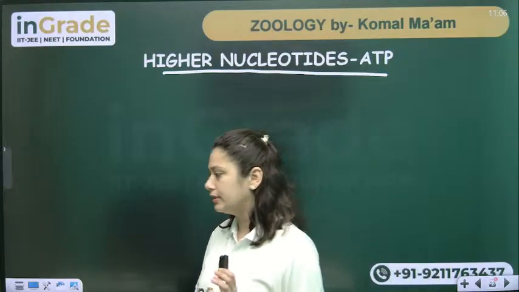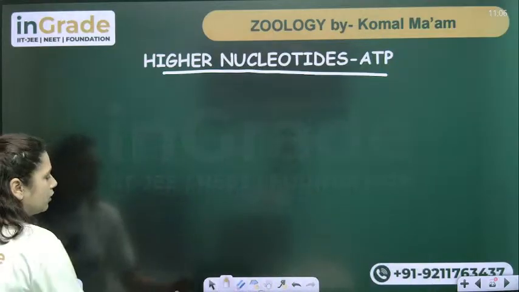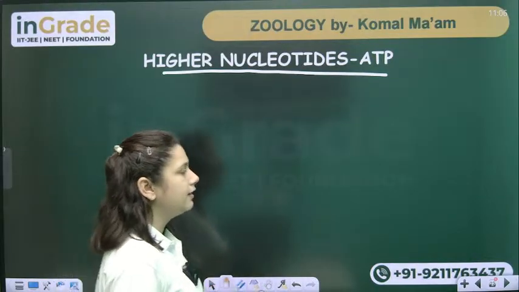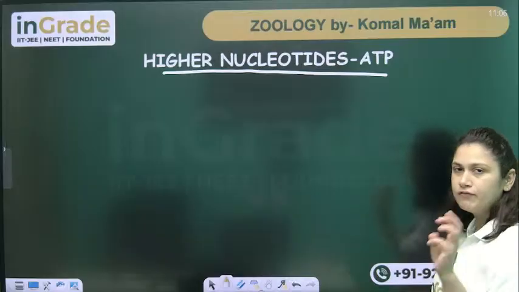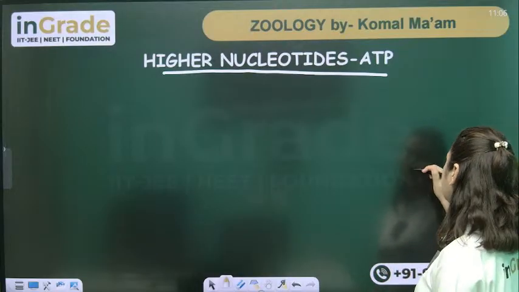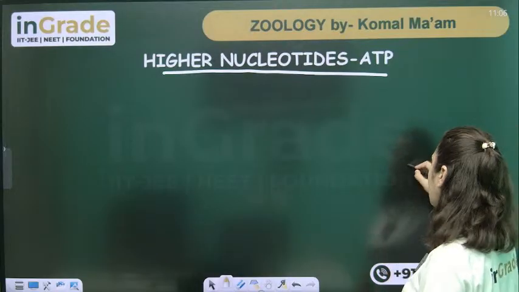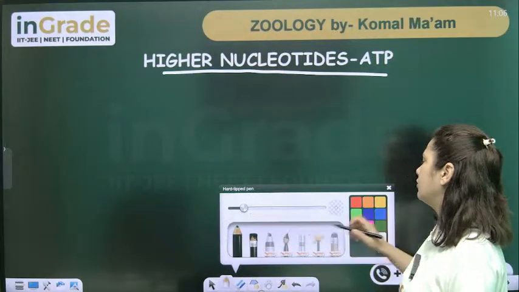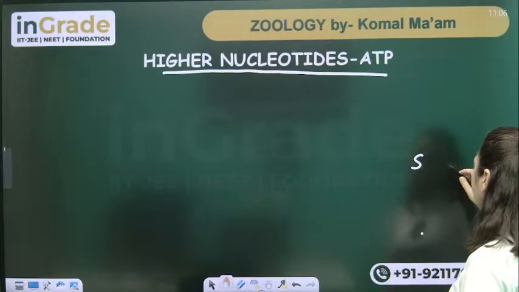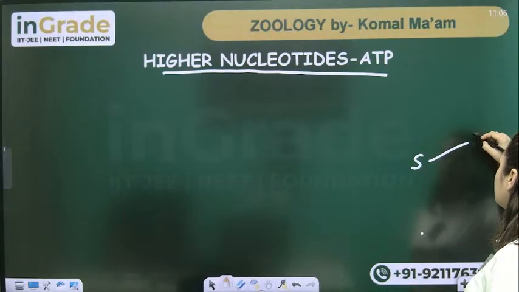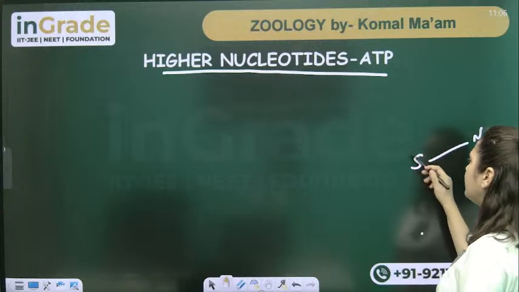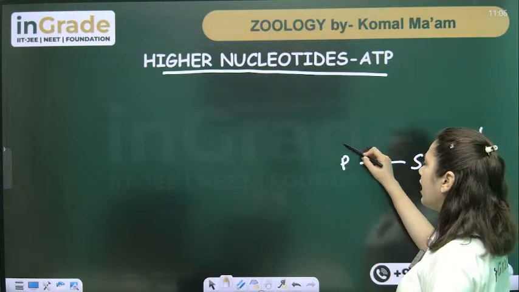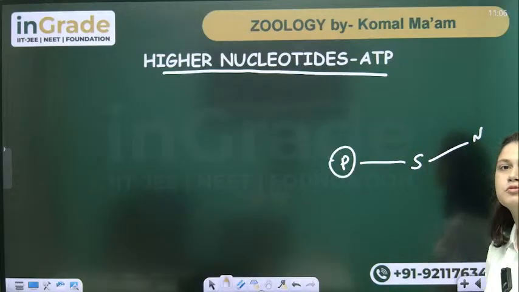What are higher nucleotides? See students, we have studied that in nucleotides we have three components. What are the three components? We have sugar, which was attached with the nitrogenous bases, and it was attached with the phosphate group. If we have only a single phosphate group, it becomes monophosphate.